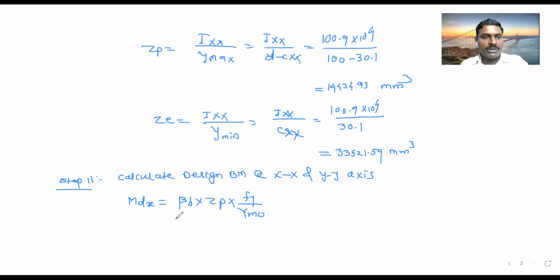So in the chapter of beam we have seen the beta B value is equal to 1 when the section is plastic and compact. So we have to use the value of beta B. How much value we have to use now? So this MDX should be greater than MX.